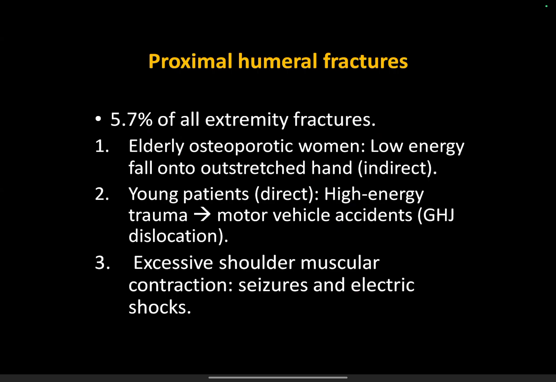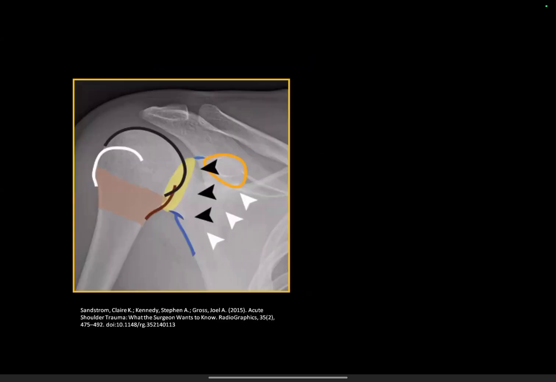Whereas the other one basically happens in the setting of high energy trauma, basically in the setting of motor vehicle accidents. And since it's aggressive and it's direct, basically it happens in association with other types of injury, such as glenohumeral dislocation, and it affects young individuals. Or it can happen due to excessive shoulder muscular contractions in the setting of seizures and electrical shocks.